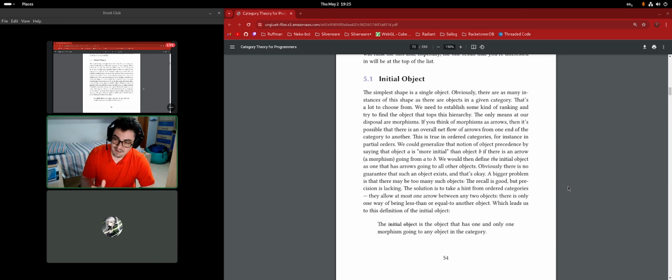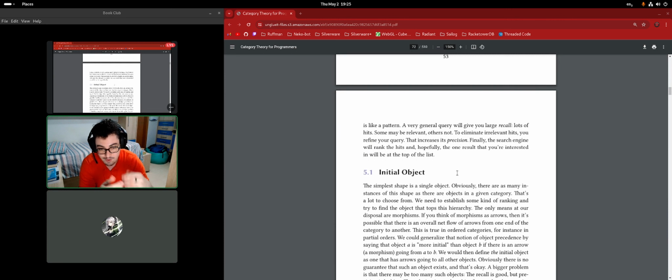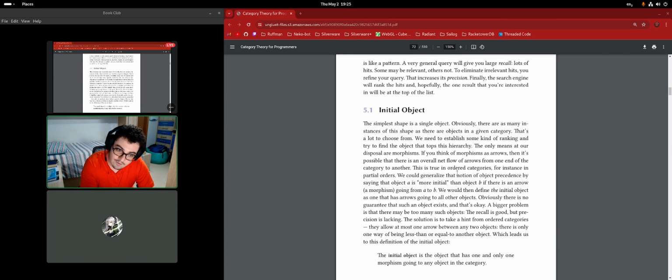I'm gonna try to read it again, and now with your description in mind, maybe I'm gonna understand it finally. Let's continue here. So the initial object is, again, we are using universal construction, so we're defining objects and naming them based on their relationships.